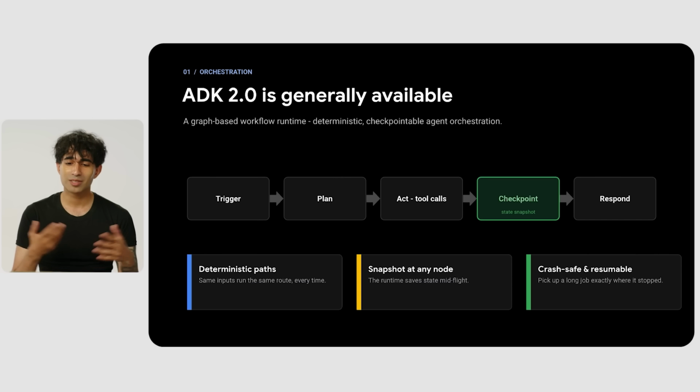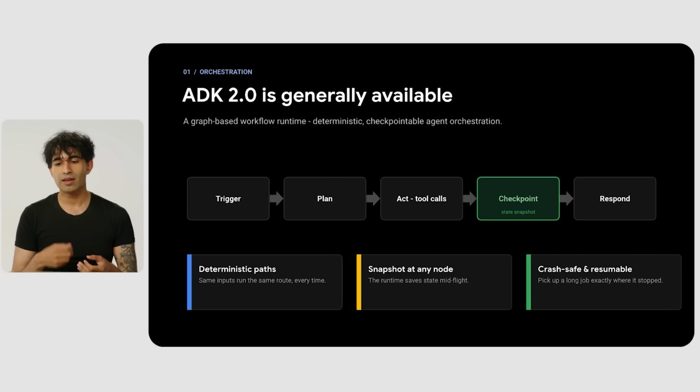ADK 2.0 is something we've recently been talking about. It's now GA. And really, previously, orchestration was more imperative. And the big change that we've made here is making ADK more graph-based. So what this gives you is the ability to describe an agent workflow as a graph of steps.